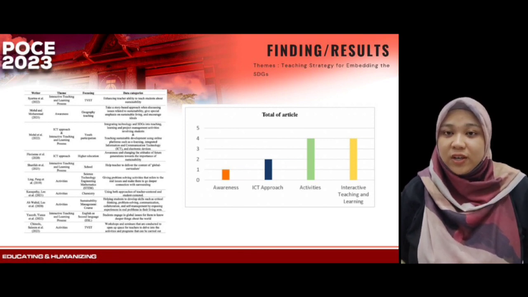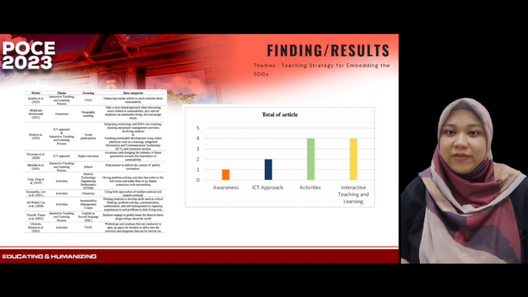Based on the figure shown on the slide, there is 1 article on awareness, 2 articles on the ICT approach, and 4 articles on activities and interactive teaching and learning. Basically, there are 10 articles used in the systematic review, but one of the articles has 2 strategies that can be implemented.